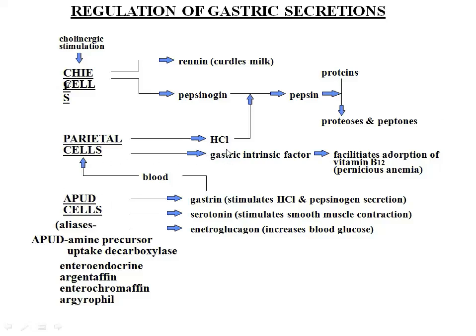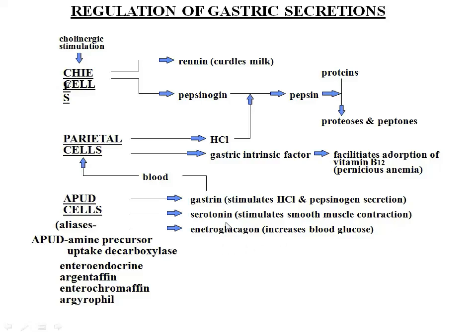Also, the parietal cells produce gastric intrinsic factor, which facilitates the absorption of vitamin B12. These APUD cells are responsible for hormone-like secretions like gastrin, which stimulates HCl and pepsin secretion. Then serotonin: when you eat Cadbury or chocolate, serotonin starts producing in your stomach, and that is responsible for the stimulation of smooth muscle contractions.